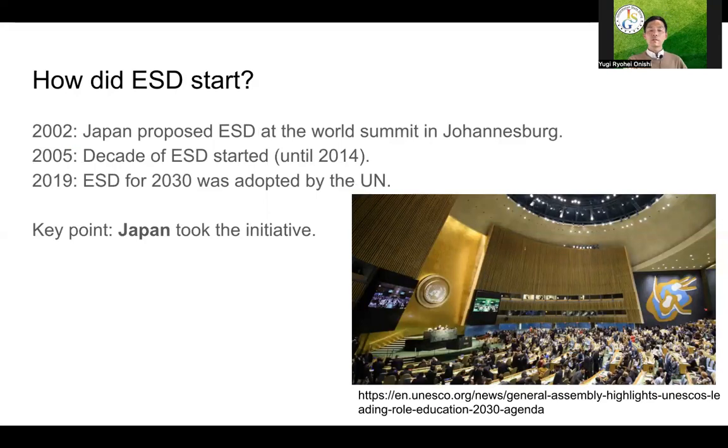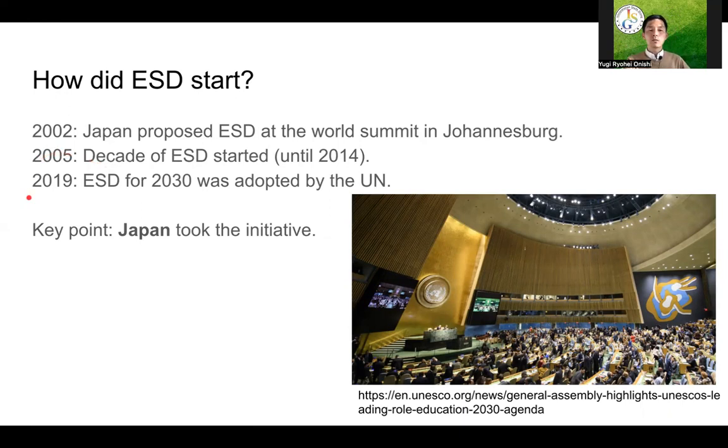And this proposal was adopted by the United Nations. And in 2005, the decade of ESD started. Decade means 10 years. So the decade of ESD is from 2005 to 2014, these 10 years.